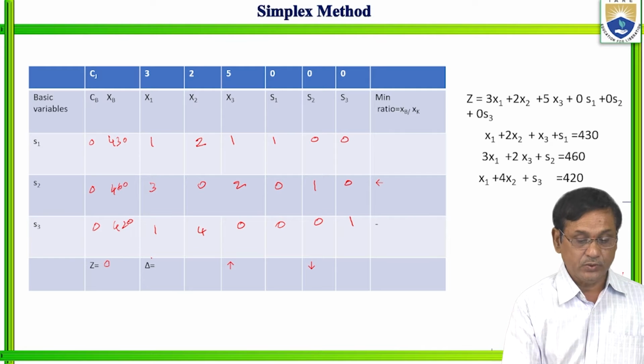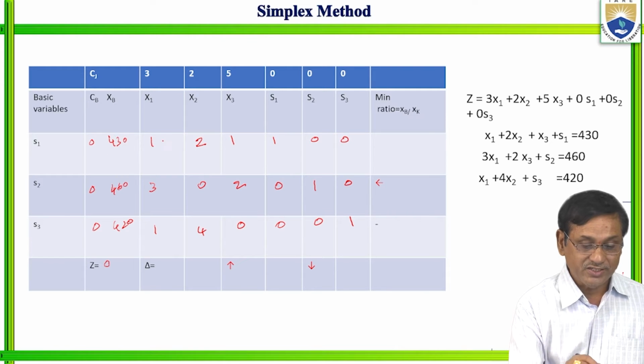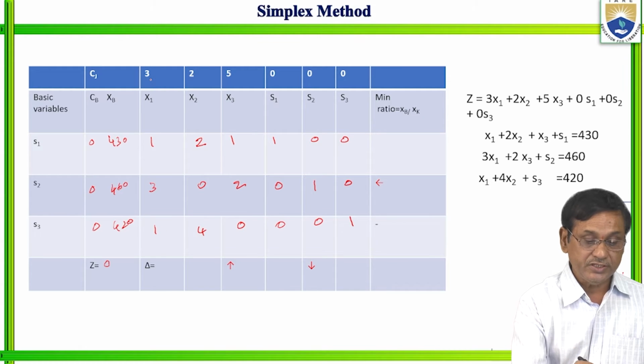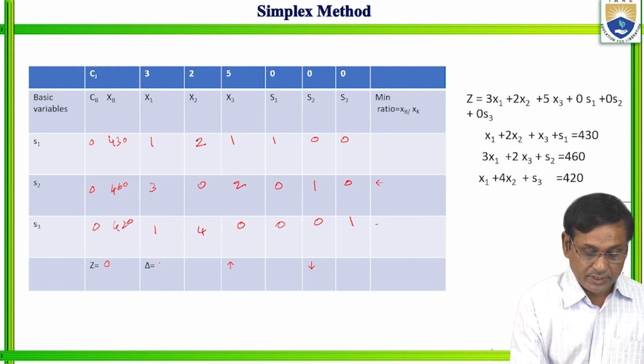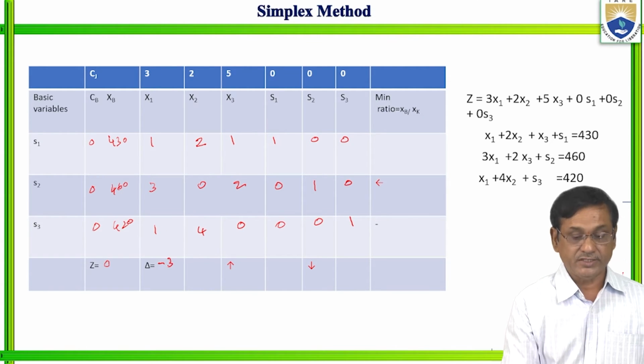Then the delta values, that is CB XJ minus Cj. First, corresponding to the first column, xj is equal to x1: 0 into 1 plus 0 into 3 plus 0 into 1 minus Cj. Cj value is 3, so you will get delta 1 is minus 3.